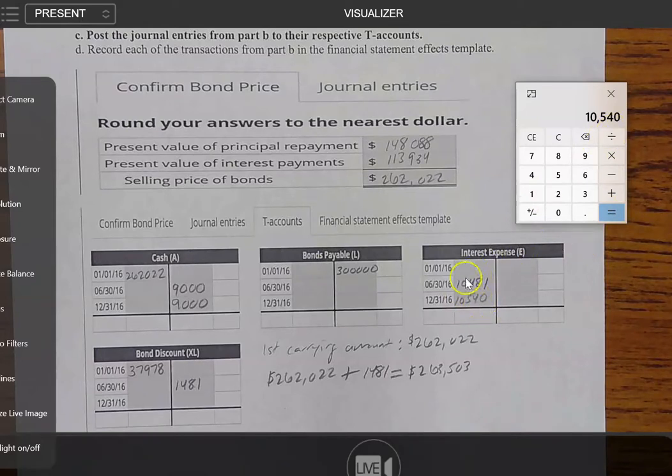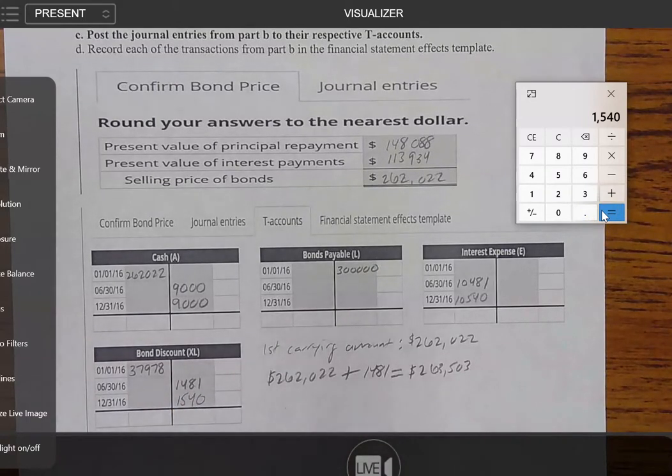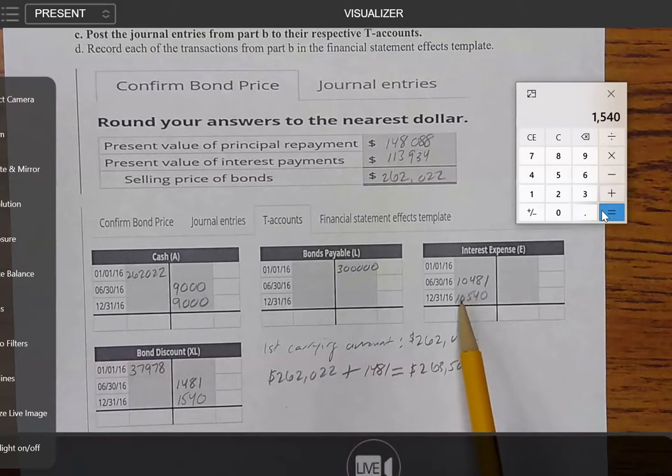And then the difference between 10,540 and 9,000 gives us the amount of bond discount that has been amortized. Okay? So, I think that you could do this, and I think you can add two numbers together to see the amount of interest expense that we would record in the period.